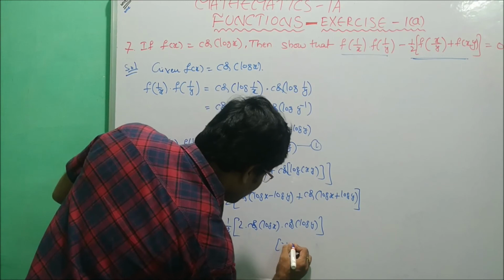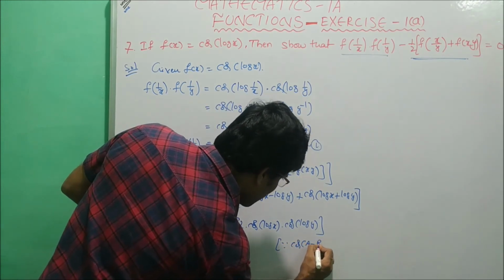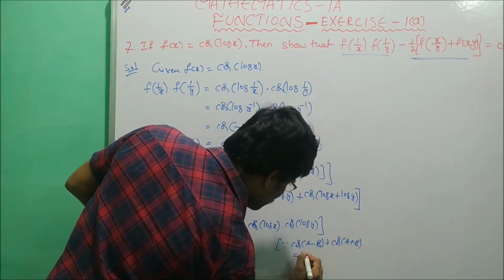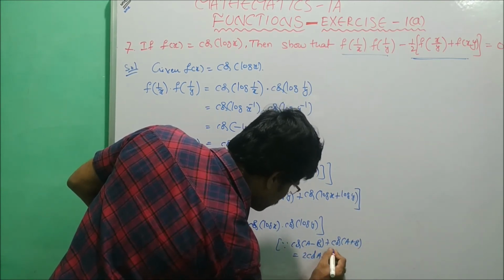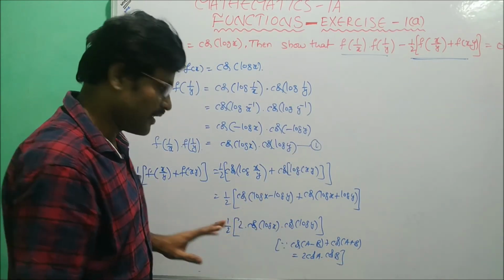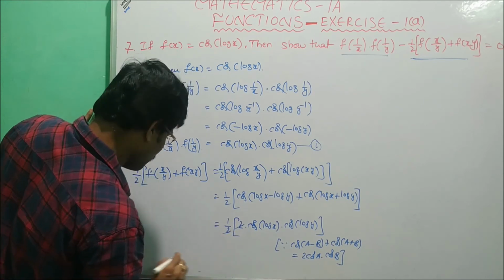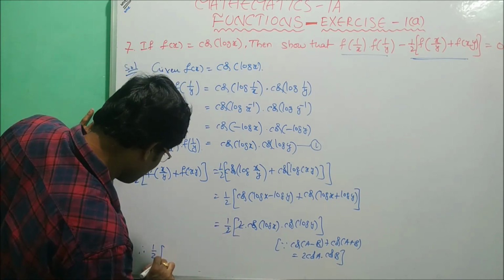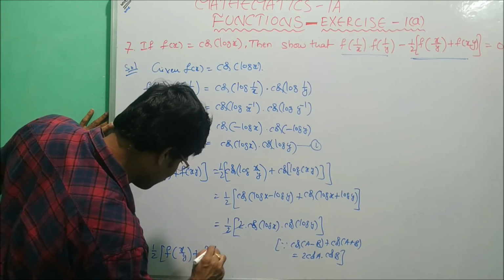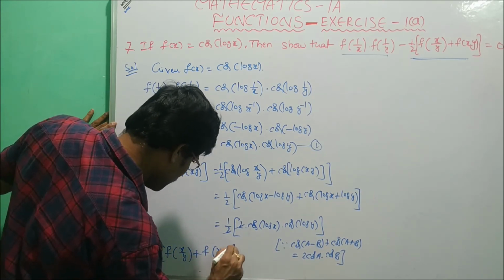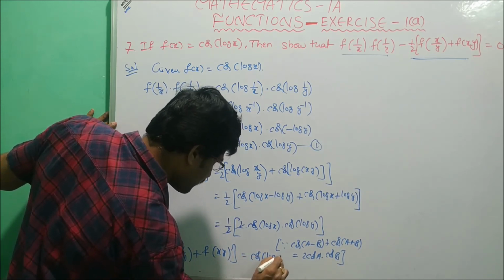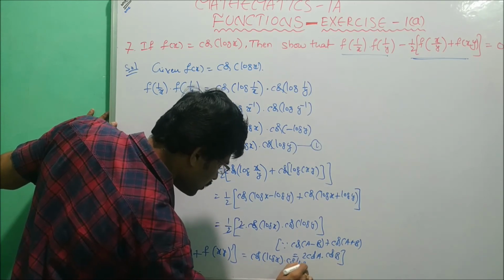The formula is cos(a minus b) plus cos(a plus b), which we can write as 2 cos a into cos b. Now using this formula we write 2 into cos log x cos log y. So the 2 cancels. Therefore 1/2 into [f(x/y) plus f(xy)] equals cos of log x into cos of log y.